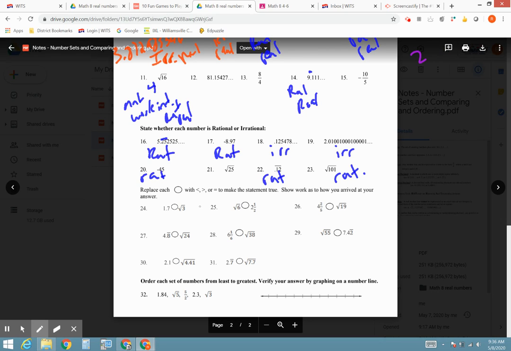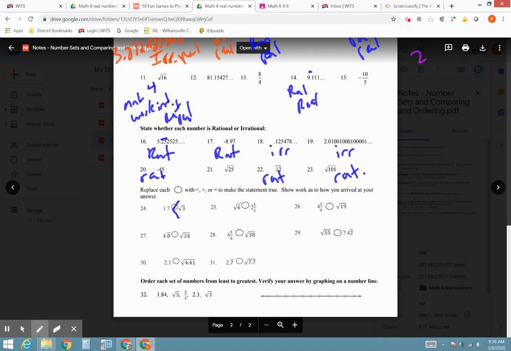And then I'm going to see if I can change it into a fraction, which I cannot. So I know this is irrational, and I know as a decimal that it's 1.73205, and I know that's going to continue on. So I'm going to say that it is bigger because 1.7 is less than 1.732, blah, blah, blah.